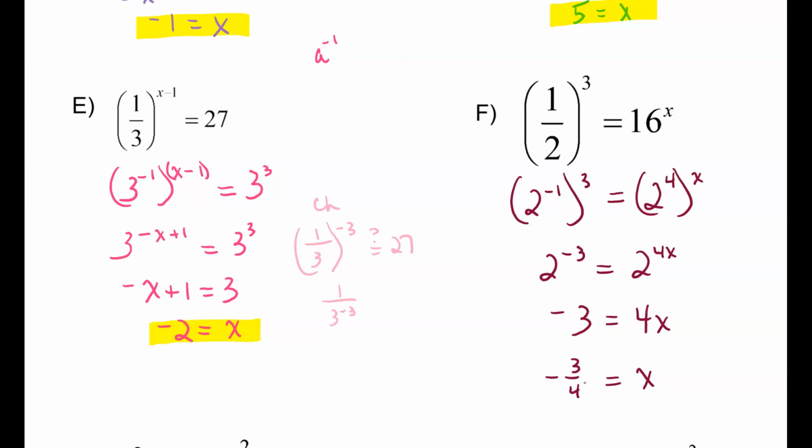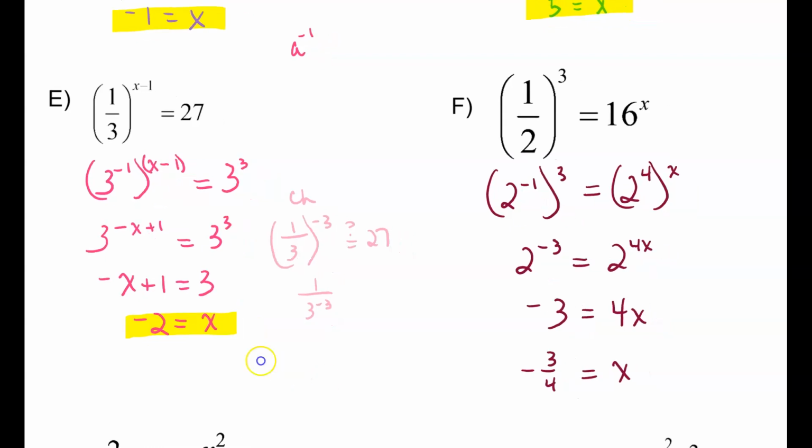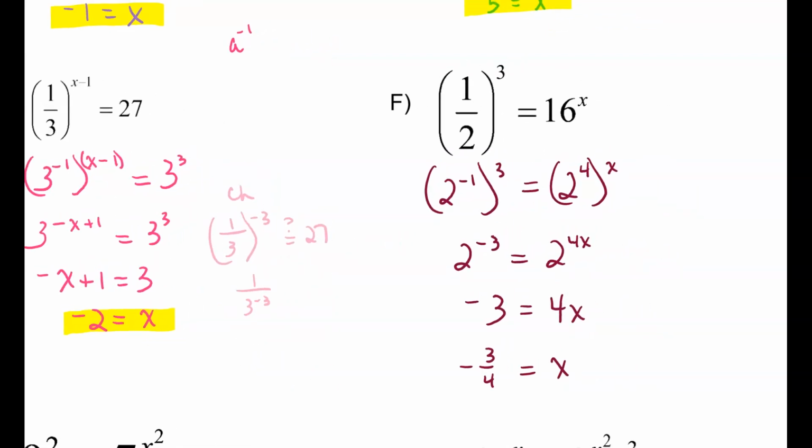Negative 3/4. Okay, so are our answers always going to be nice integer values? No, not necessarily. So again, quick check here. If I take 1/2 and cube it, is that going to be the same thing as doing 16 to the negative 3/4?